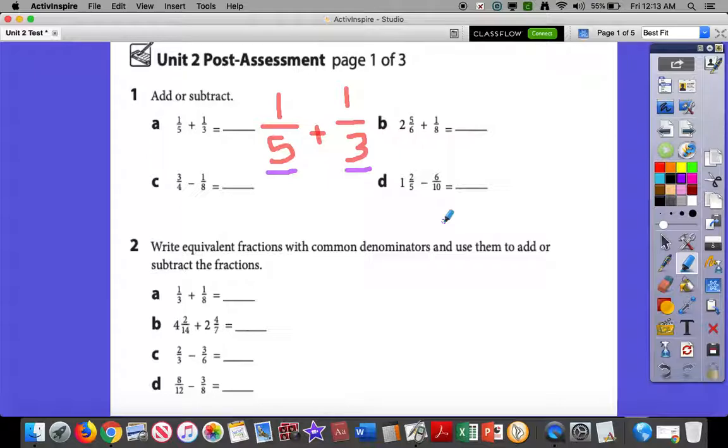So what do we do? Well, one of the things we've been talking about in class and learning is the bow tie method. Now the bow tie method kind of looks a little bit like this up here, and it might look familiar. And this involves multiplication.